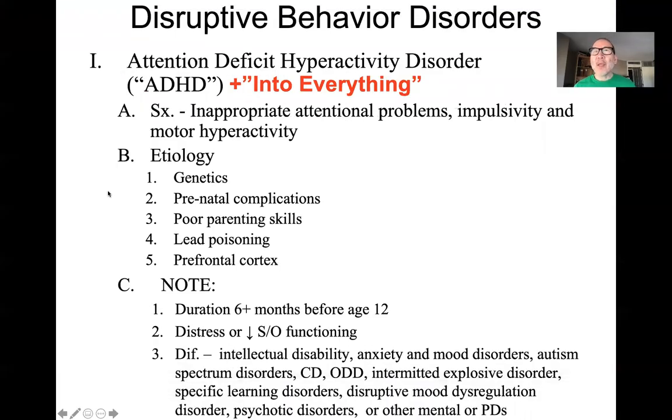Alrighty, so let us talk about the category of disruptive behavior disorders. We'll start off with the one that I think most of us are familiar with, either with ourselves or family members, or we each probably know somebody who has been diagnosed with attention deficit hyperactivity disorder.